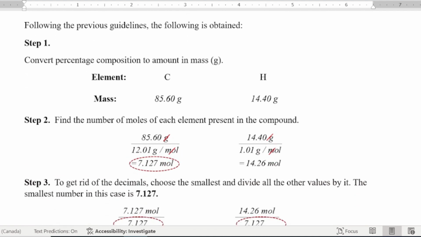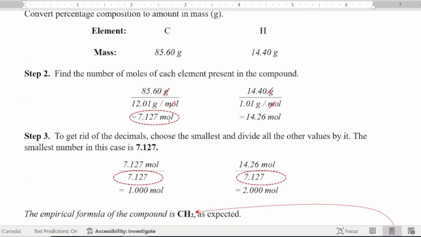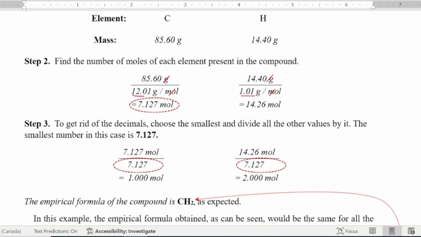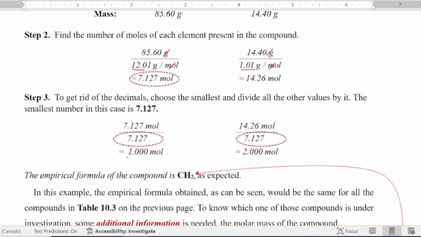You do the same thing as alluded to just now. You take these here and divide them by the respective molar mass of each element, the carbon and the hydrogen, and you end up with this. You have decimals here, so you divide by the smallest one. This is the smallest one. It is 1 to 2, and this here is the empirical formula.